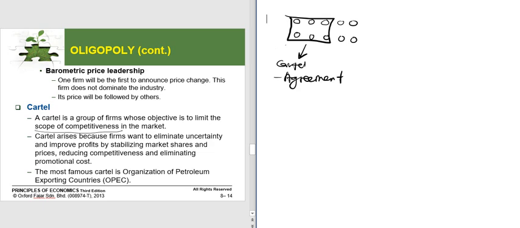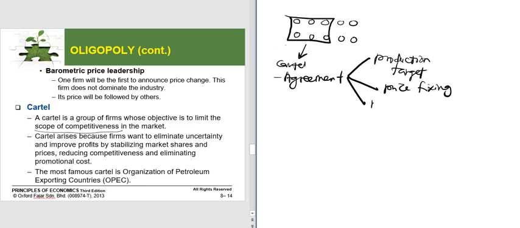They will come to an agreement in terms of the production, the production target, how much they want to produce for the market, in terms of fixing the price, what is the price that they want to set for their product, in terms of their marketing strategies, and a few other cooperation in terms of management and so on.